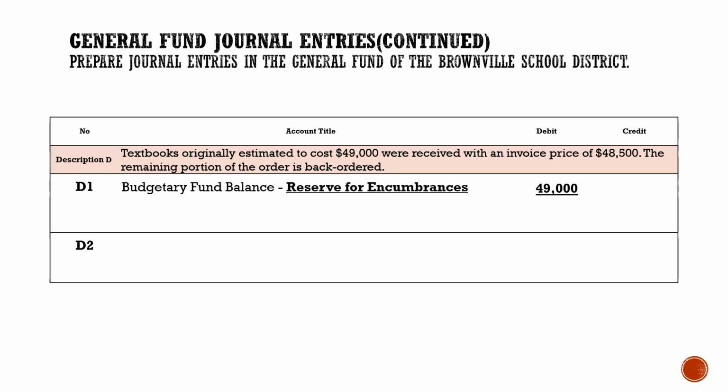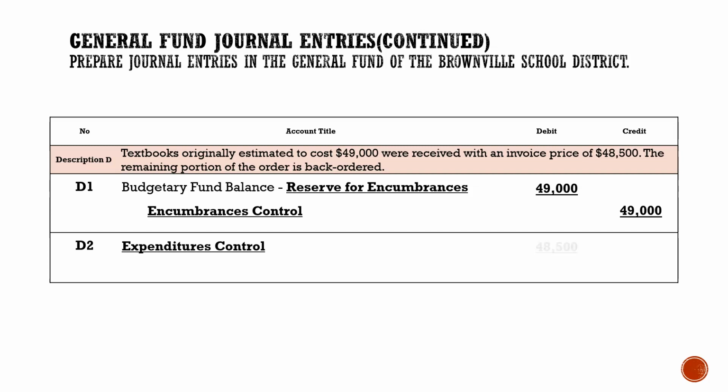That was your estimated cost, right? So we're going to unencumber $49,000 of that. Same thing. It's just going to be a reverse of that original encumbrance entry. We're going to debit the budgetary fund balance reserved for encumbrances account to decrease it by $49,000, that estimated cost. And then we're going to credit encumbrance control for the same amount, that $49,000, which was the estimated cost.